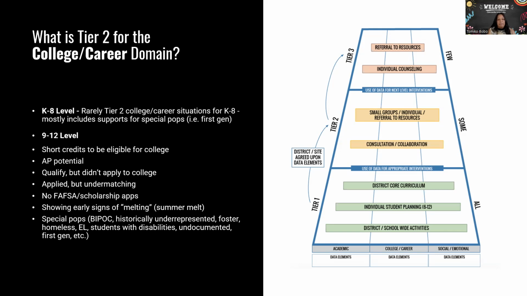In 9th, 10th, and 11th, you would focus on credits and shortness of credits, AP potential. They qualified but didn't apply to college. So helping those students to navigate through the application process, FAFSAs and scholarship apps, showing early signs of summer melt, like not completing their coursework as they are exiting 12th grade.